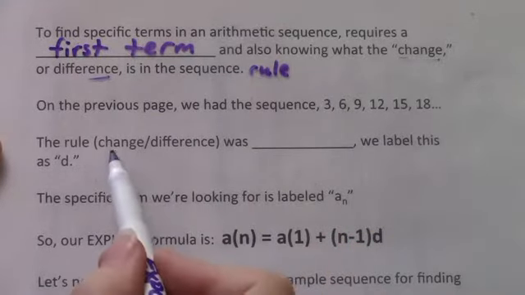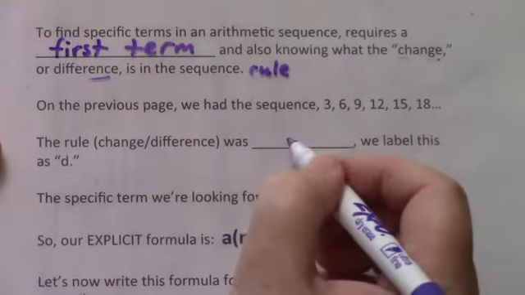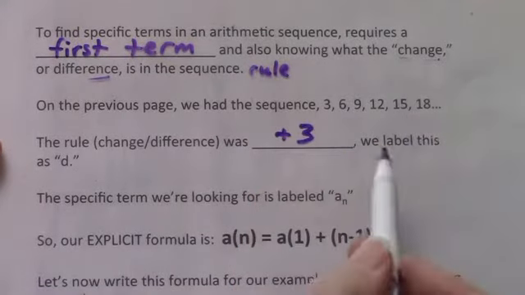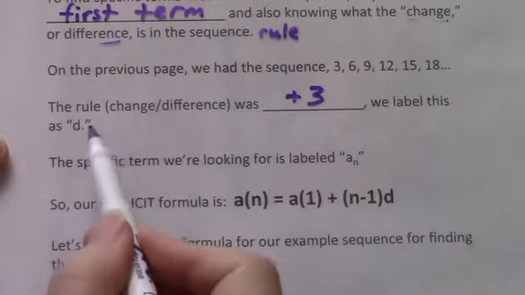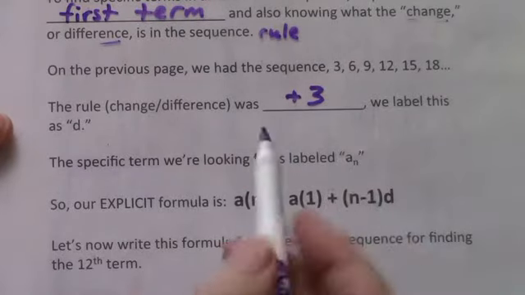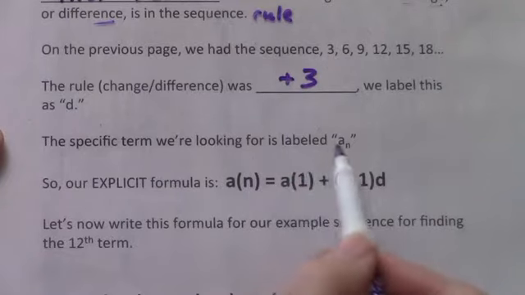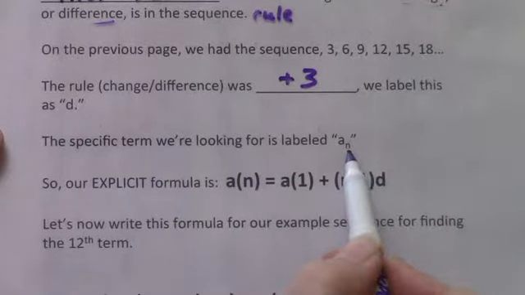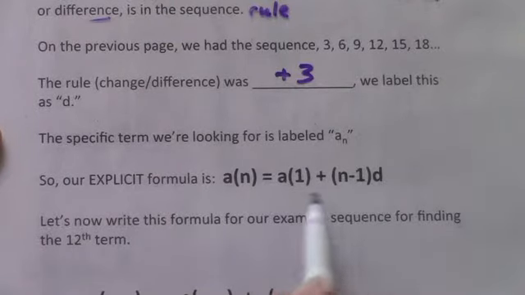The rule, or the change or difference, was plus 3. And we will now label that change or the rule with the letter d, which will stand for the difference. The specific term we're looking for in this sequence is labeled a sub n. All of this is leading up to this formula right here.